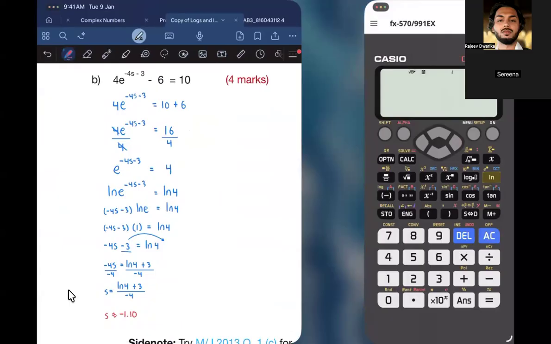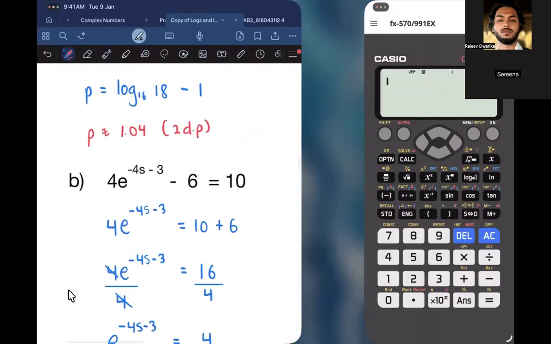And for this one, I'm just going to store the value for S. That's ln 4 plus 3 all over minus 4. Store it, bam. Let's plug it back into the equation.